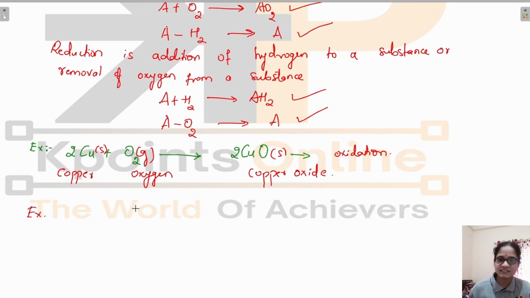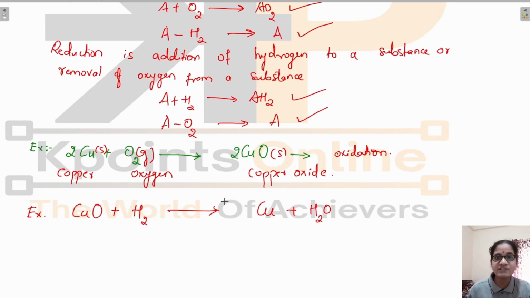If you see another example from the same case, if copper oxide is made to react with hydrogen, what happens? The reverse reaction takes place where copper and water are formed. Here copper oxide is again converted into copper, meaning the oxygen has been removed.